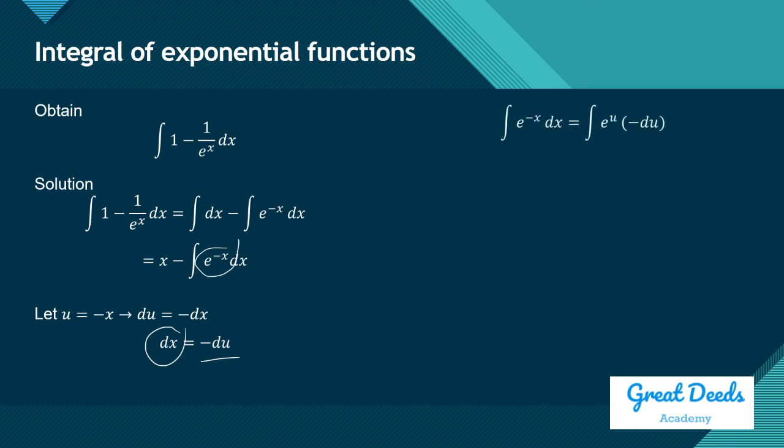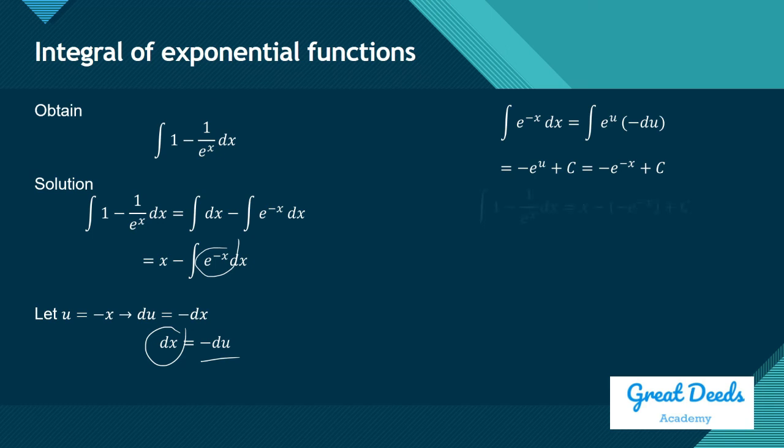The integral of e to the u, and then negative du, you just bring out the negative 1 there. So it is equal to negative e to the u plus c, or negative e to the negative x plus c.